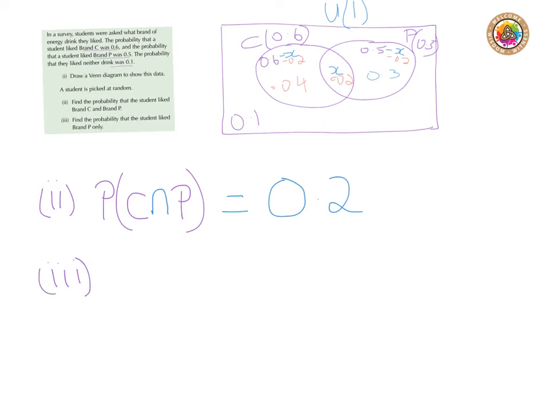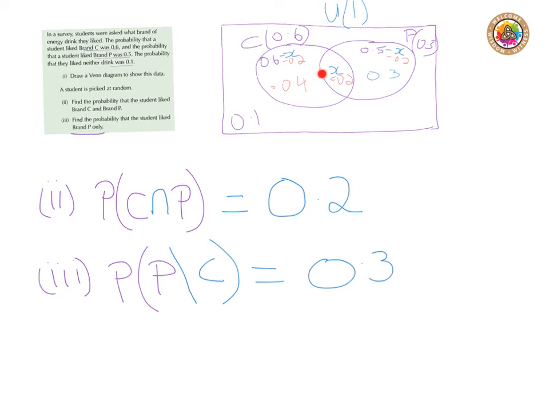Here then in part 3 we're asked, what's the probability that students liked brand P only? So P only, that's the probability of P, and we know that symbol also means without C. So it's just the right hand side of the Venn diagram with P. Straight away we can see it's 0.3, or our 0.5 take away our intersection, take away our 0.2, which gives us the 0.3.